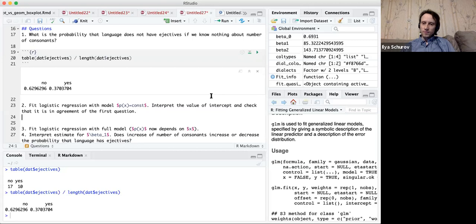Elena provided an answer. Anybody else have a different answer or the same answer as Elena?